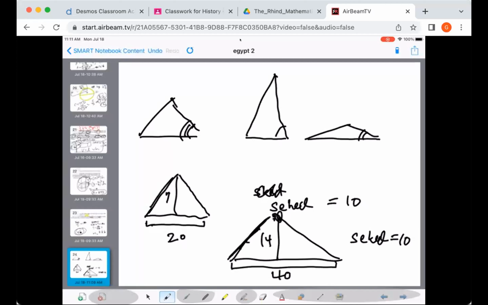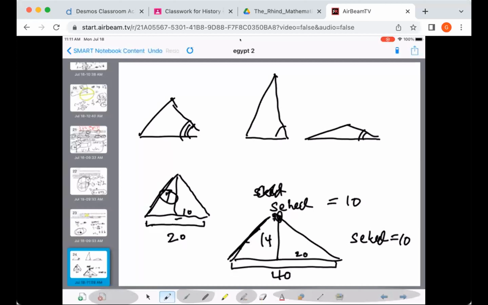That's the same thing, because what a secant basically is: if you shrunk the pyramid down so that the height was 7, how big would half the base be? That's basically what the secant means.